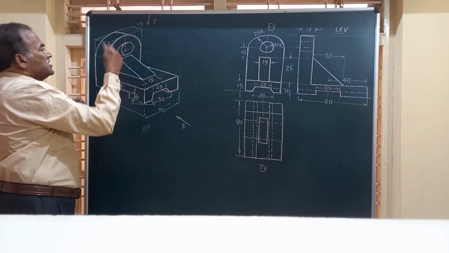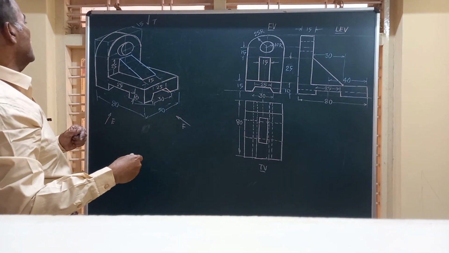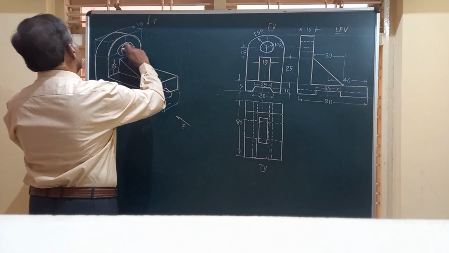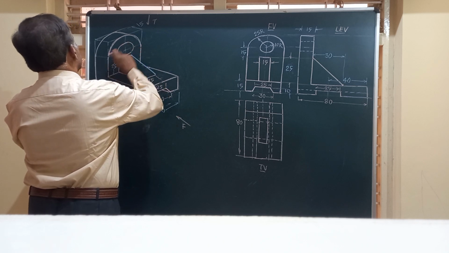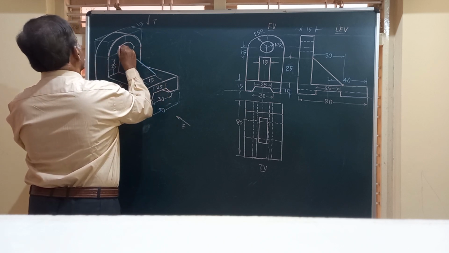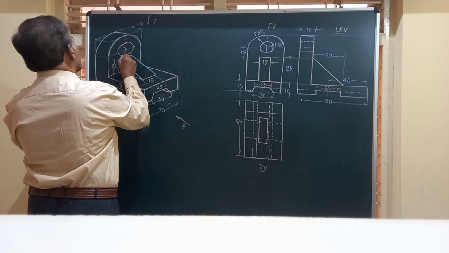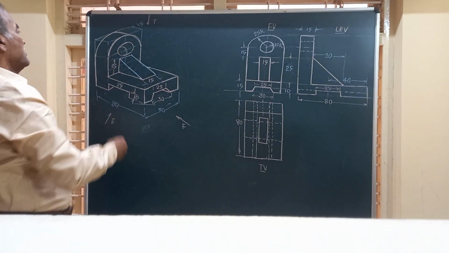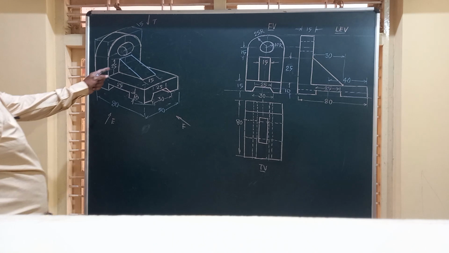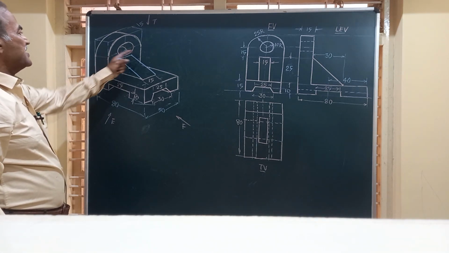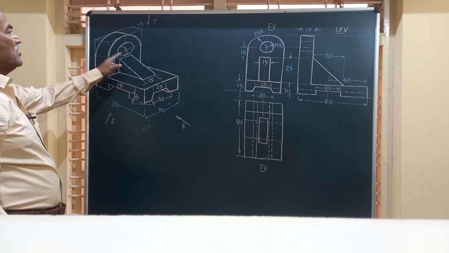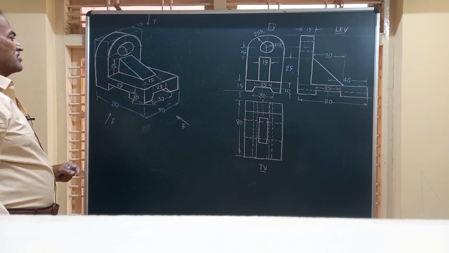So you'll be able to see the bottom portion of this. So when you look from here, not this side, friends, it is inclined to the left. So we are going to see that thickness here. That thickness can be seen in that view, because the diameter of the hole is 20, thickness of the plate is 15. So you will see the bottom end also.